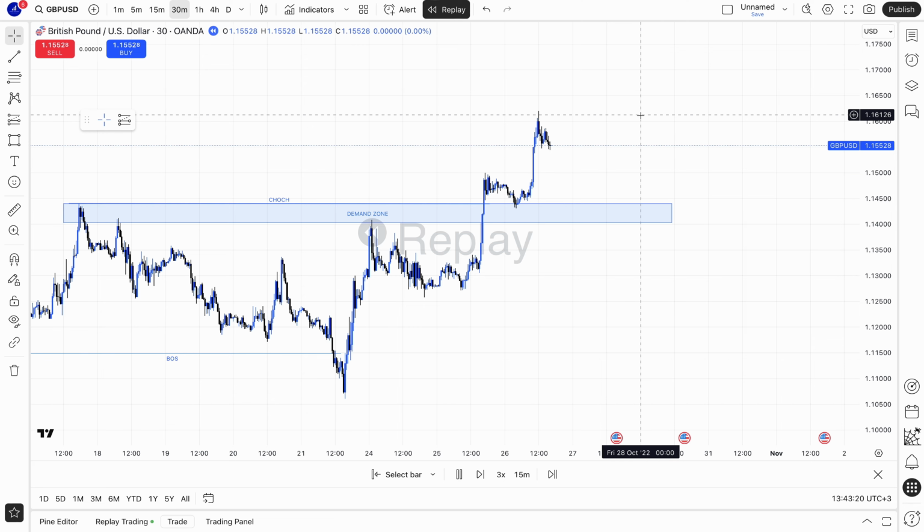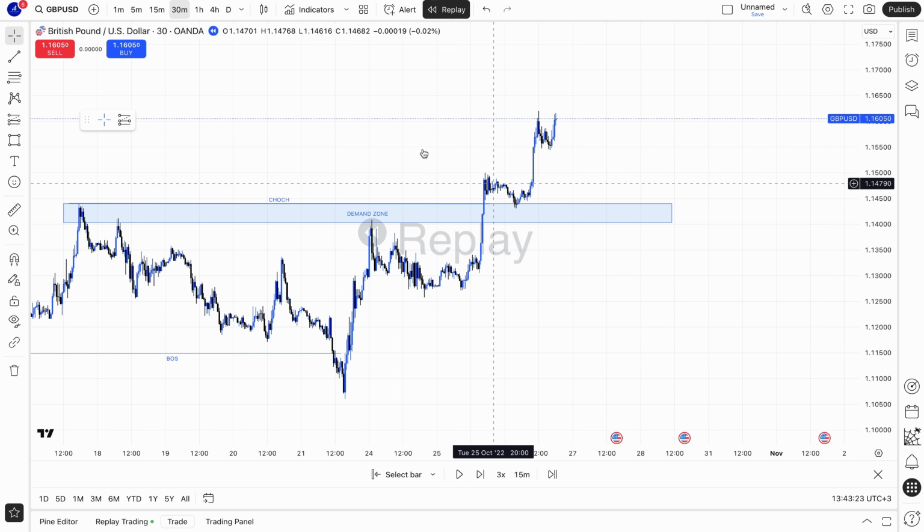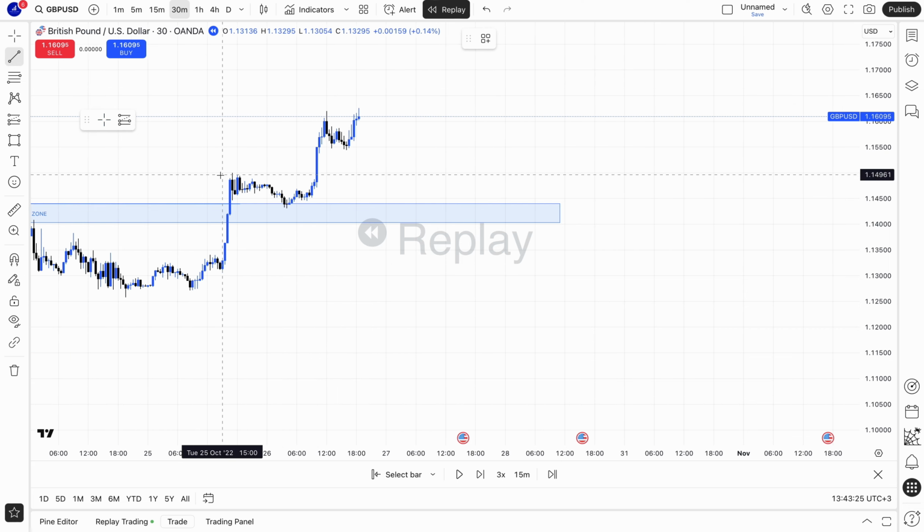1 to 7 risk reward, breaker blocks, order blocks.